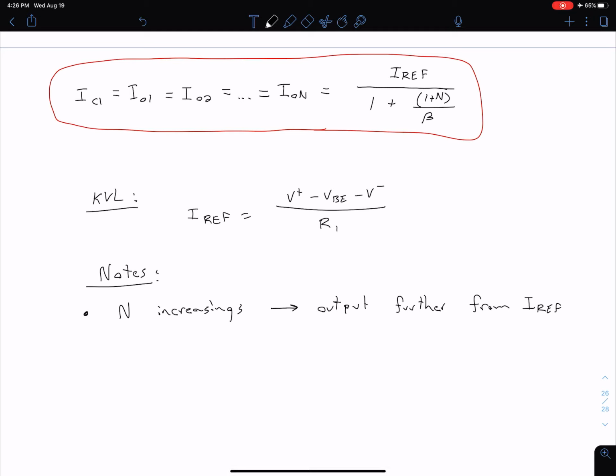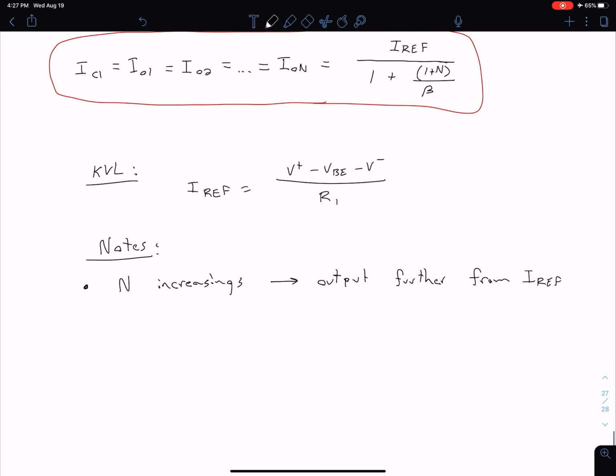We can see from this equation up here, as this value gets very large, that's going to begin dominating that denominator, but we have it divided by beta, so it's going to have to get pretty large before it becomes noticeable. But as that N gets larger, that tends to decrease the values for our output currents over here. So that's one thing to notice.